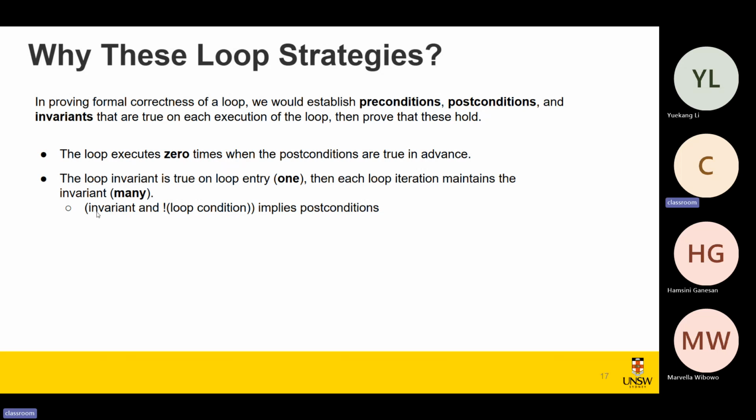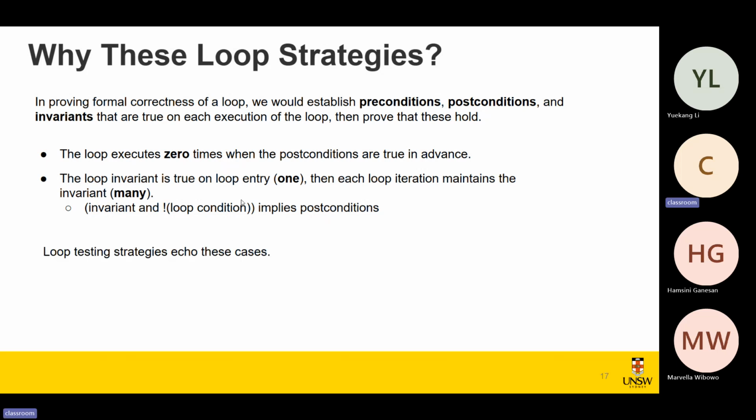And of course, we can also use the invariant and the negation of the loop condition to imply the postcondition, because the invariant shouldn't get changed even inside the postcondition, and the loop condition should be negated in the postcondition in order to get outside the loop.